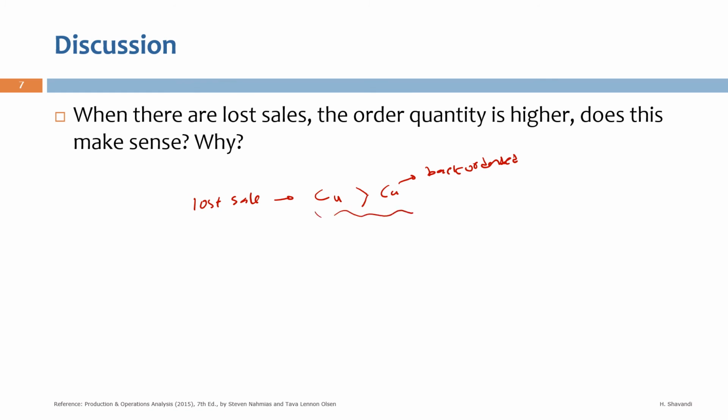So because of that, here actually we have a higher penalty for a stock out situation than the back ordered, right? So because of this higher penalty, we would like to minimize the risk of running out of stock. So because of that, we will order more in lost sales than the back order case. Okay.